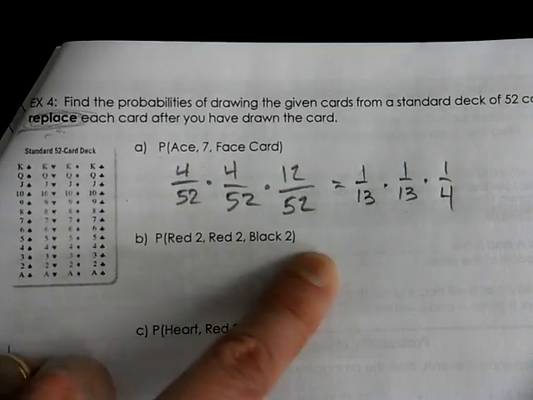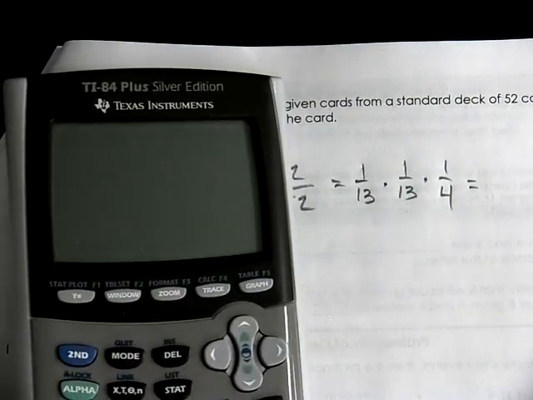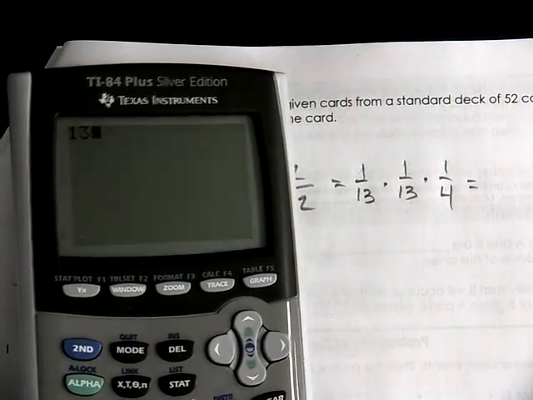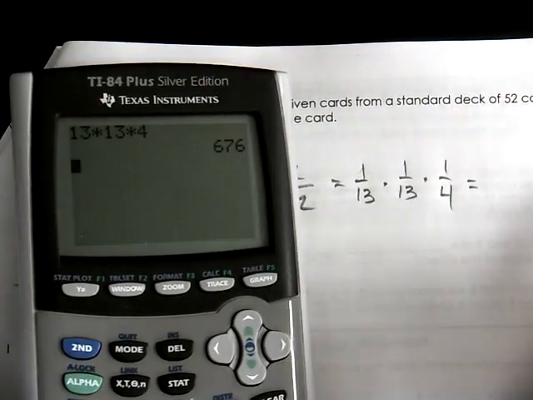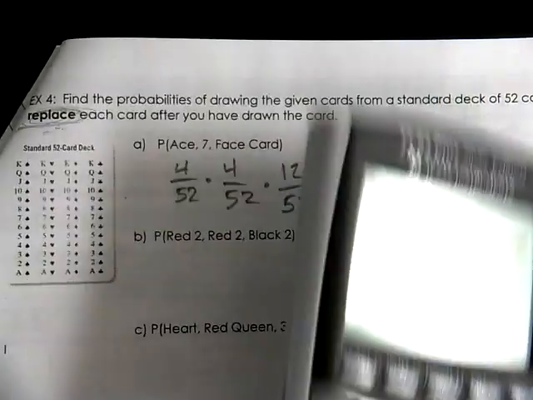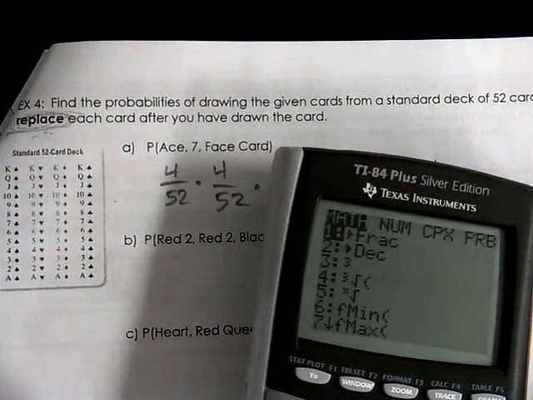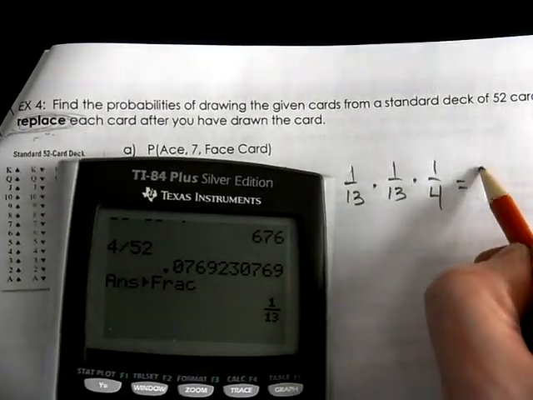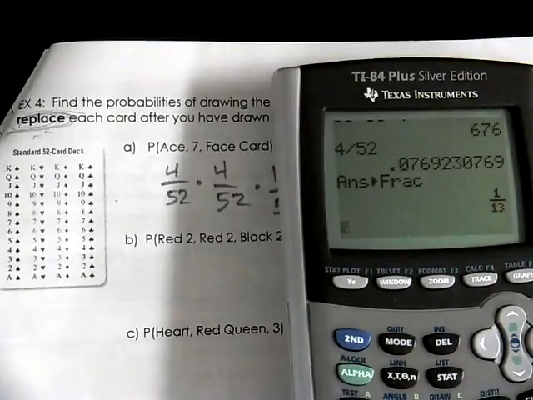If you like to break it down, simplify it down, or you can just use your calculator. 13 times 13 times 4. Yeah, 1 out of 13. Just being sure it's not the answer I was expecting. 1 out of 676.